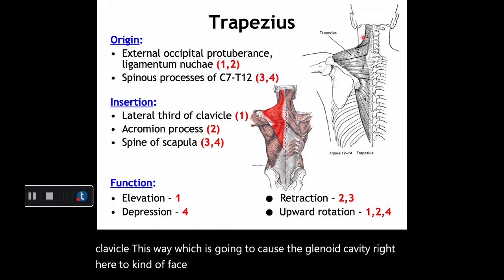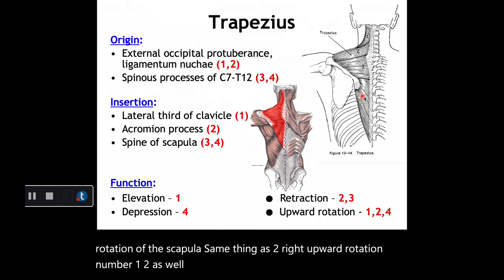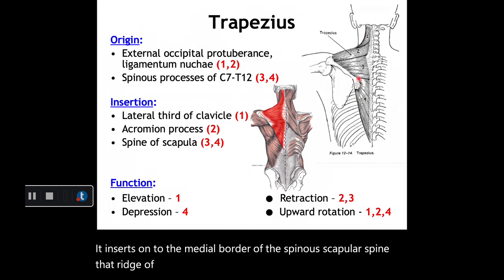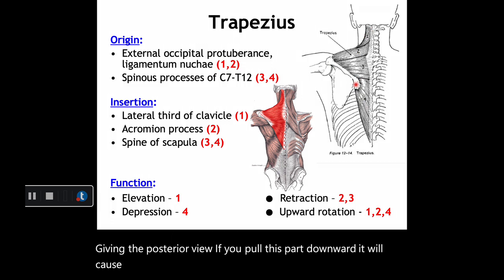So that's going to produce upward rotation of the scapula. Same thing as number 2, right? Upward rotation. Number 1, number 2, as well as the 4th belly down here. It inserts onto the medial border of the spine, the scapular spine, that ridge of bone. If you pull this part downward, it will cause upward rotation, cause this to face upward.